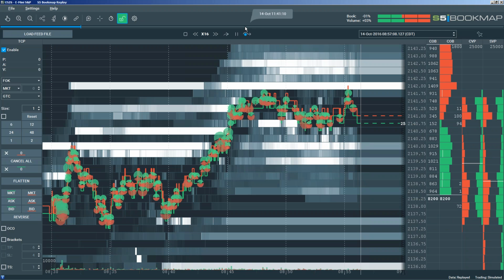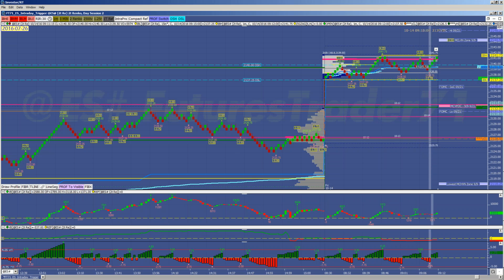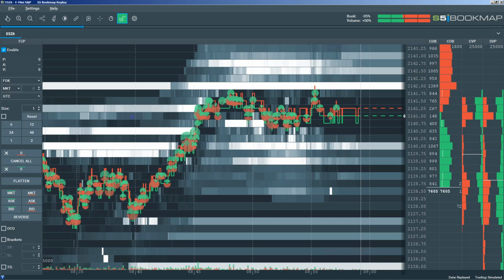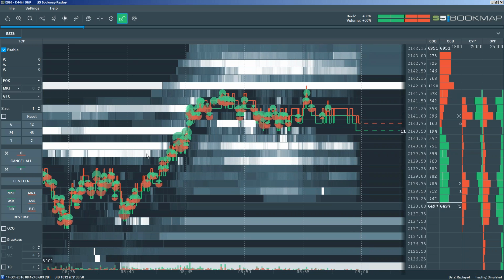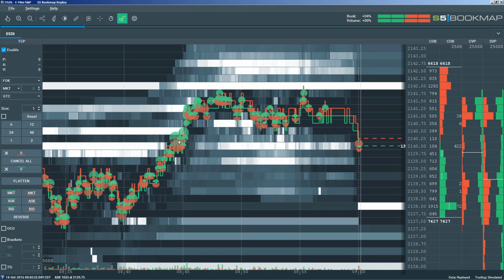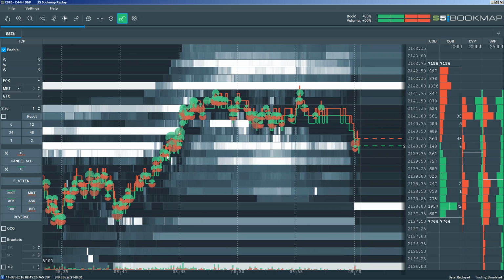Here we go. So my goal here is to get long, again, get long around this 39.50 area. That's the point of this, on a pullback. So I'm looking for a pullback down here. You can see there's a fair amount of orders that we pushed through, a cluster of collisions here.